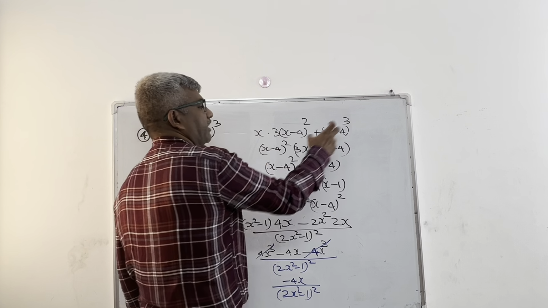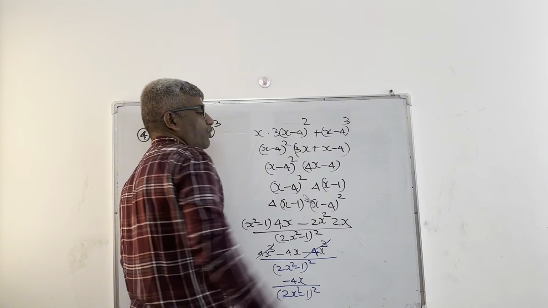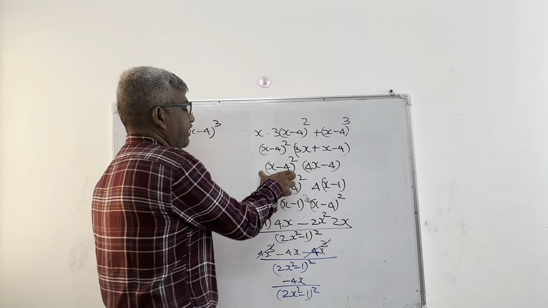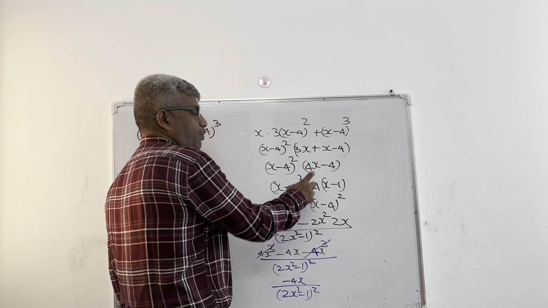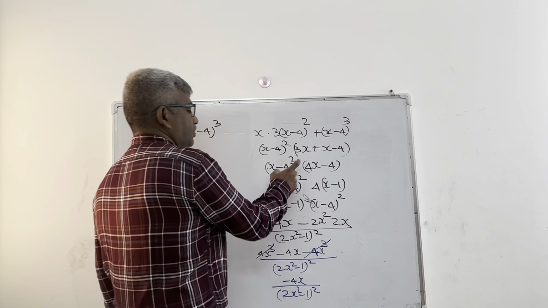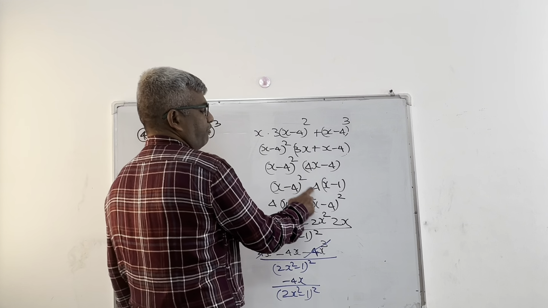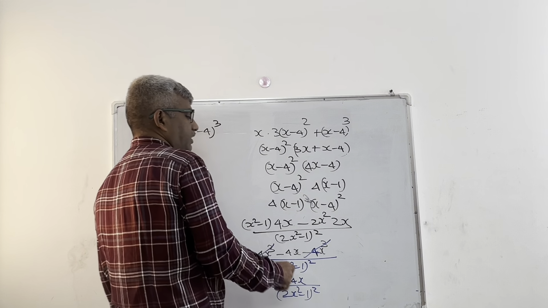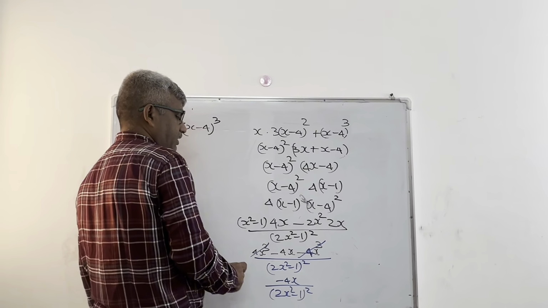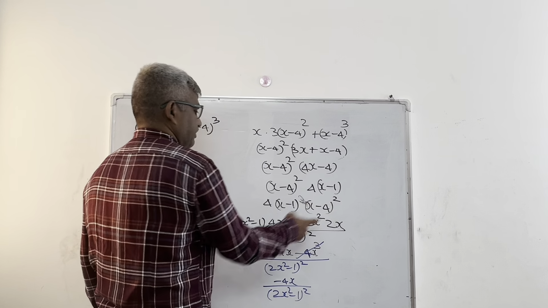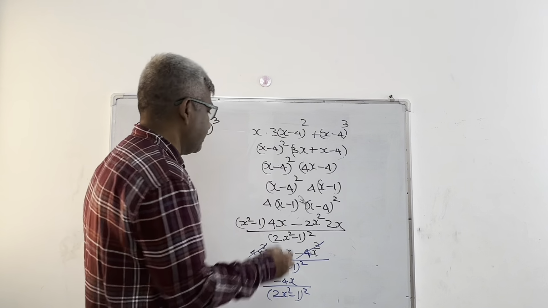If I take out the square from the cube, 1 times (x minus 4) is there. So (x minus 4) squared times (3x plus x minus 4), which is 4x minus 4. So (x minus 4) squared, if I take out 4, x minus 1. So 4(x minus 1)(x minus 4) squared. Okay, so this is f dash x.